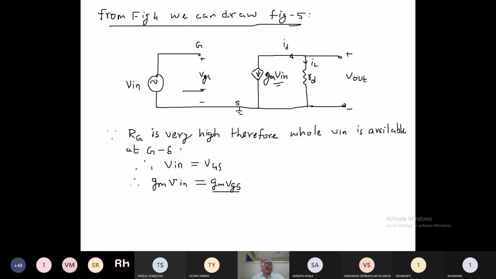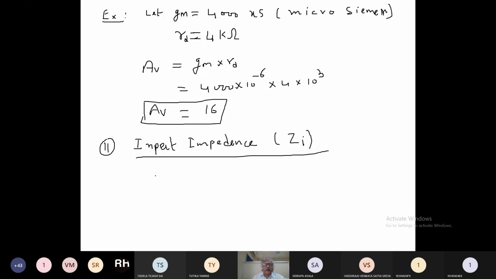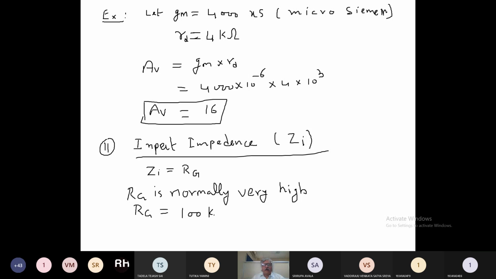So the input impedance ZI is equal to RG, and RG is normally very high, in the range of 100 kilo ohm to 1000 kilo ohm.